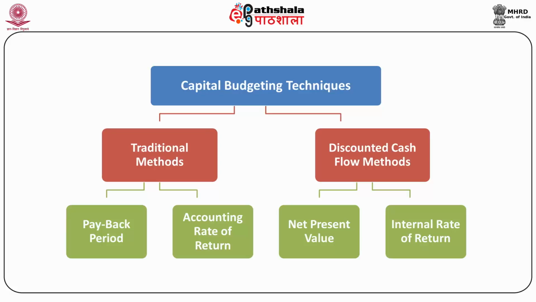Traditional methods can further be classified into two categories: payback period method and accounting rate of return method. Under discounted cash flow methods, there are two methods. One is the net present value method, which is popularly known as NPV method, and the other one is the internal rate of return method, called the IRR method.